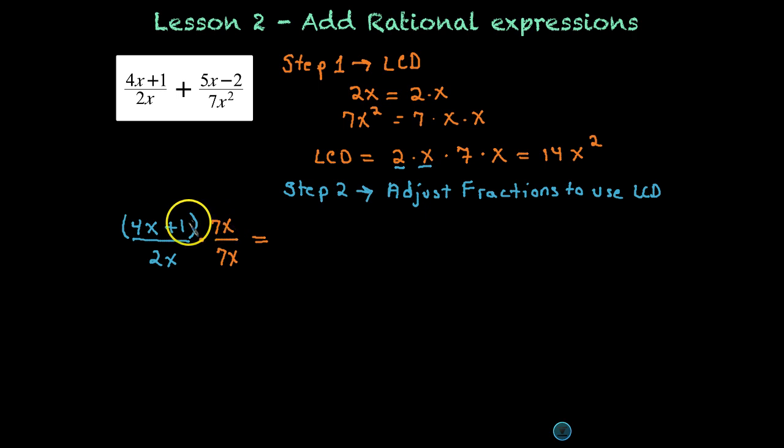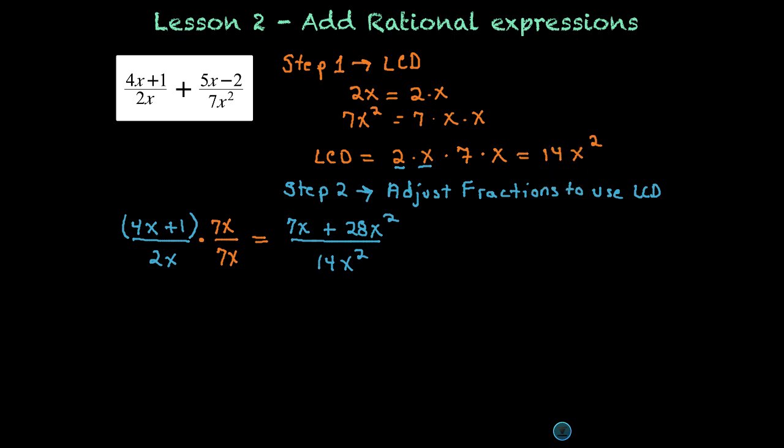So we're going to take 7x times 1 and 7x times 4x. So that would get us 7x plus 28x squared. And then 7x times 2x is 14x squared, which makes sense because that is our lowest common denominator.